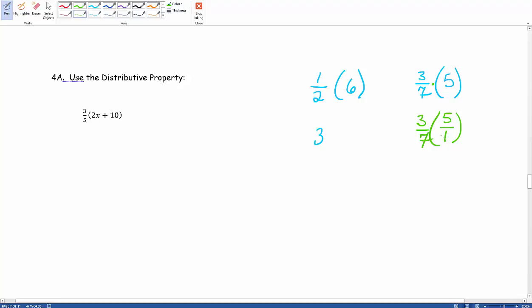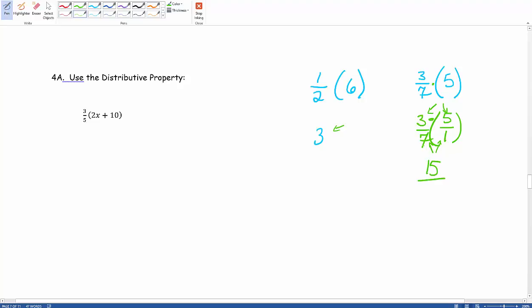Now, if we want to simplify this down and get an answer much like the one we just saw, what we would do is multiply our numerators together and then multiply our denominators together. So we end up with 3 times 5 to give us 15.